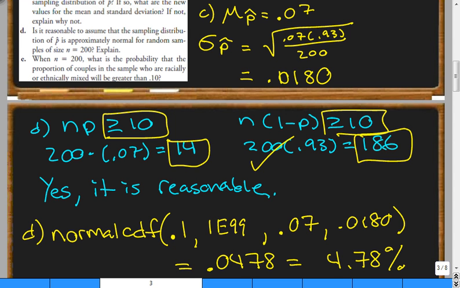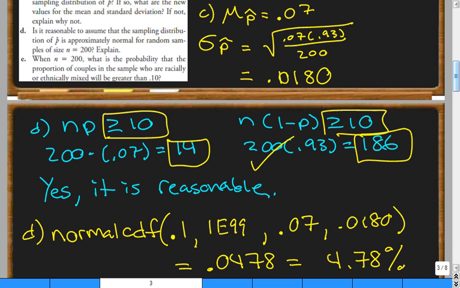So if we were to create a sample size of 200, the chance that we got more than 10% of those couples being mixed racially is only about 4%. We're getting that information because we have a large enough sample size to assume that it's going to be normally distributed.